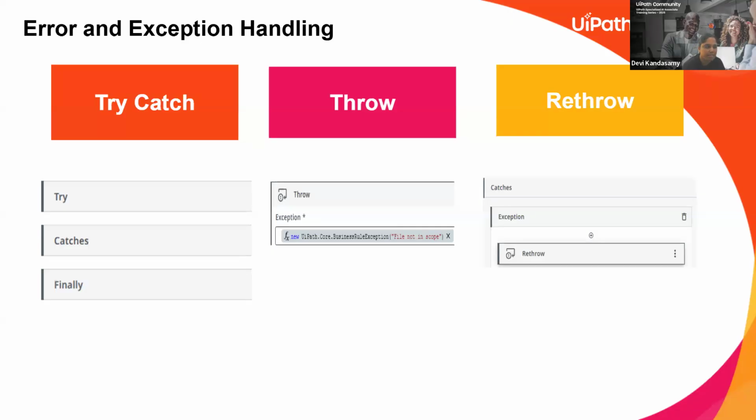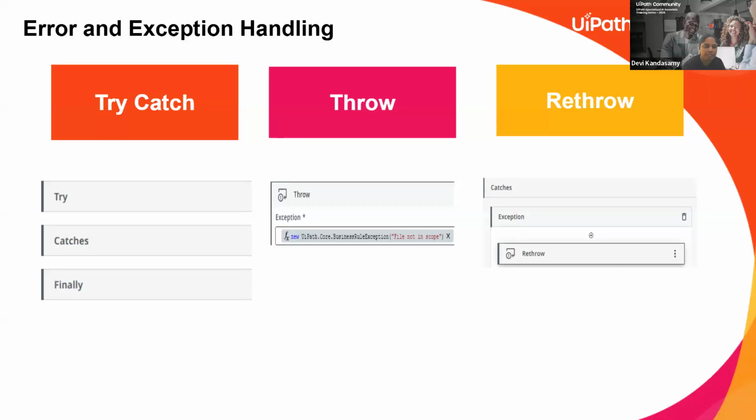If you want to notify someone, you can place a send email activity so that in case of an exception, it will notify the person. Or you could even place some alternate activities that you want to follow in case of an exception. And the finally block will get executed regardless. For example, if you want to kill a process that is still running, then you can place it in the finally block.